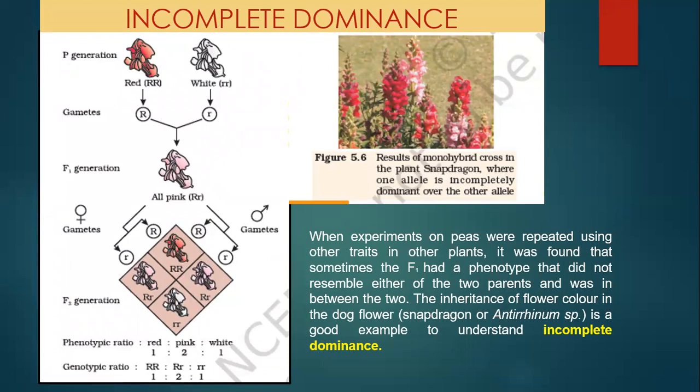Now, according to Mendel, whatever seven characters he had taken, when he did the monohybrid cross, first he went for cross fertilization, and after that he did self fertilization. With all the seven traits, he did the same type of experiment and obtained similar results.